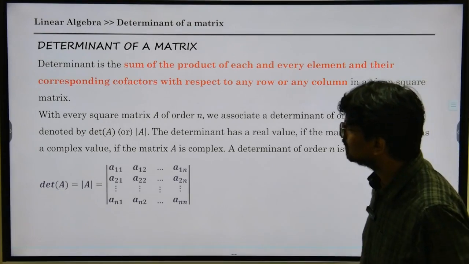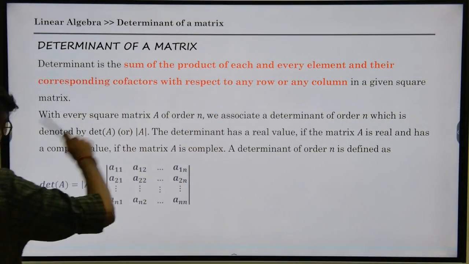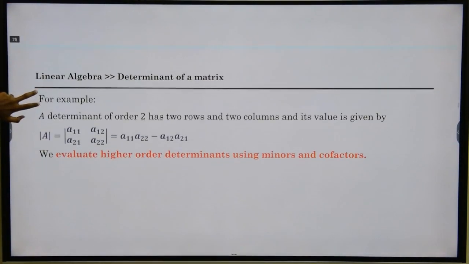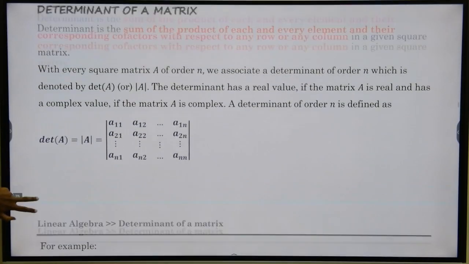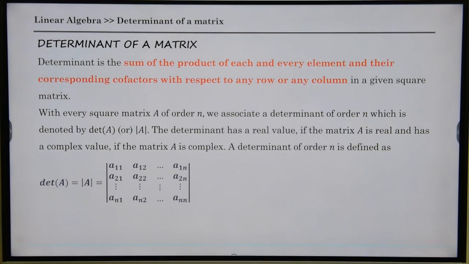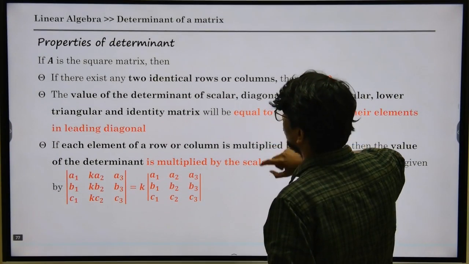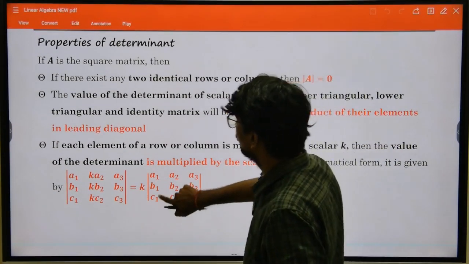Just write down the definition. This definition, these 3 lines alone will be fine. Example, you can write down whatever I have given. Okay, write down properties of determinant.